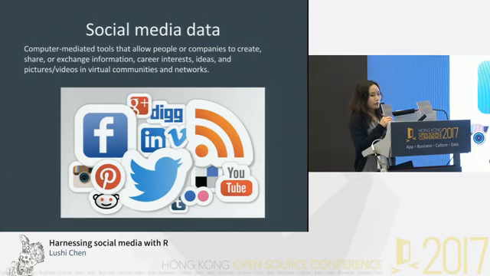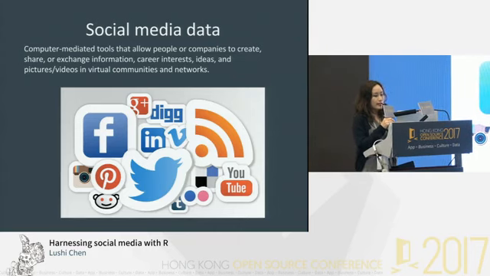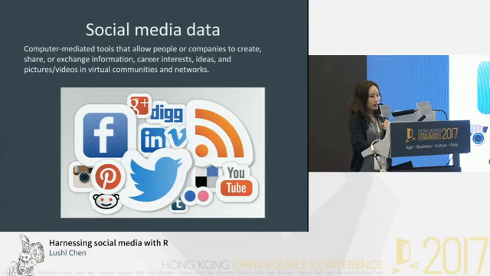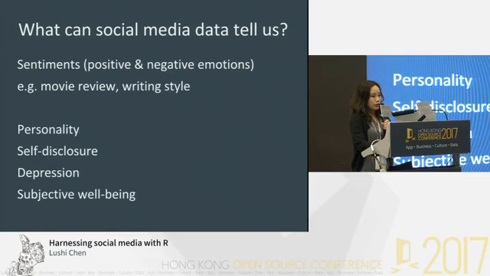And also Reddit is very interesting. Instagram: Facebook shut down the API for researchers, so now we cannot get Instagram data unless we submit an application to use the data, but it's very difficult to get approval. So we cannot access Instagram data at this moment, which is a pity.